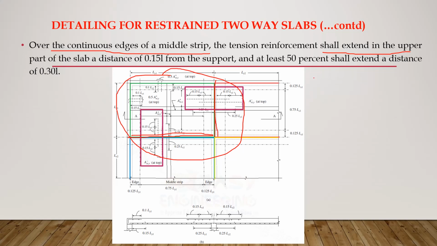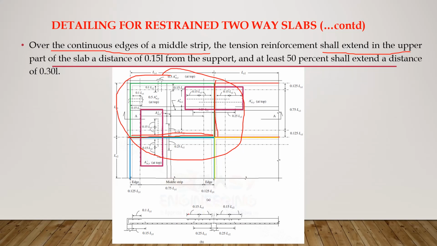The tension calculated for the negative design moments in the short and long spans at continuous supports should be provided at the top and uniformly distributed across the edge strips of the short and long spans. So at least 50% of these bars should extend to a distance of 0.3 L from the face of the continuous support, which we are seeing here.